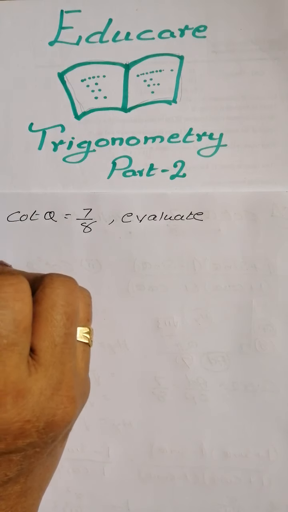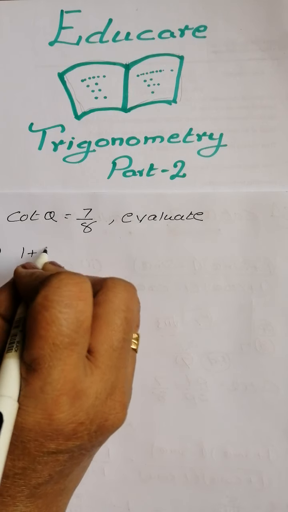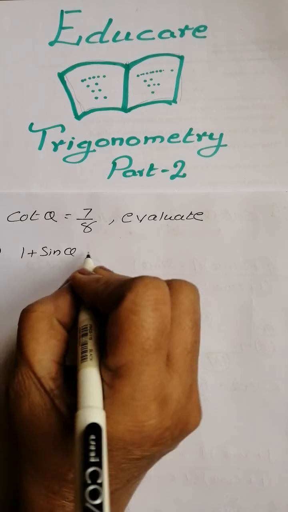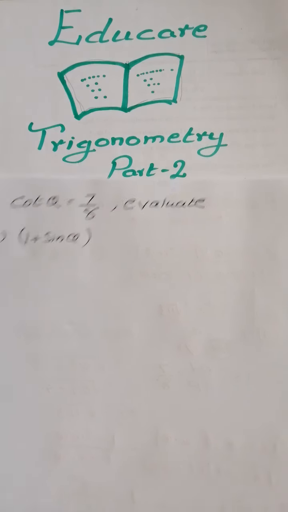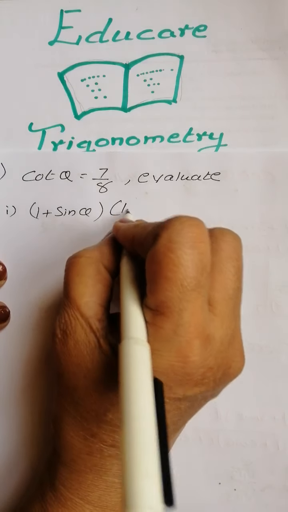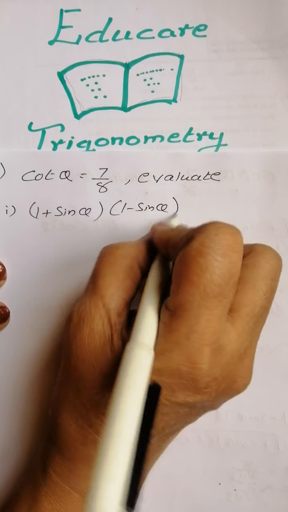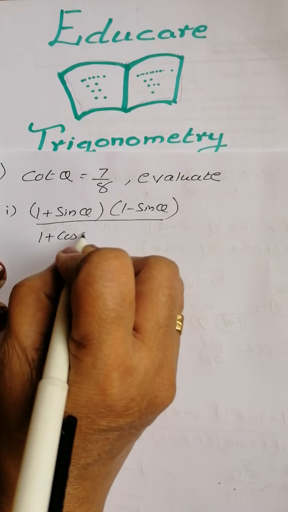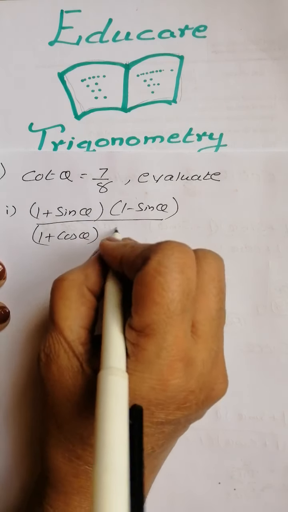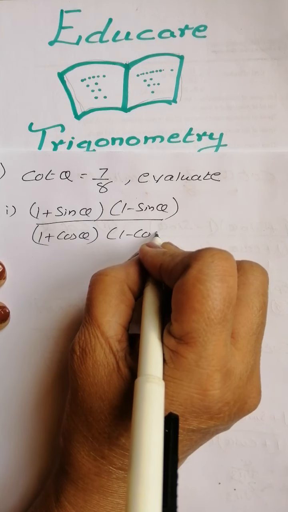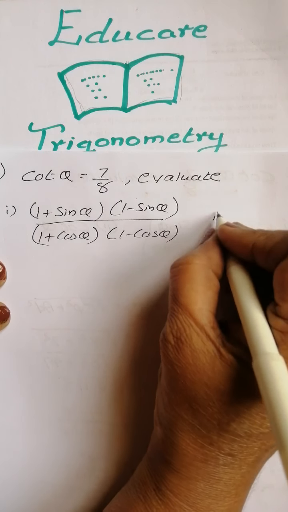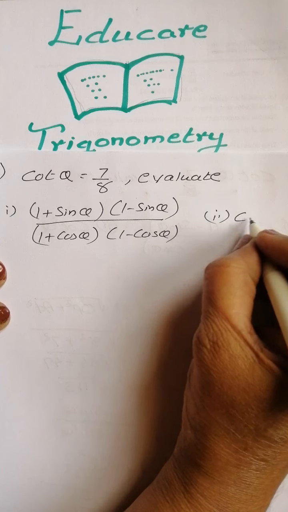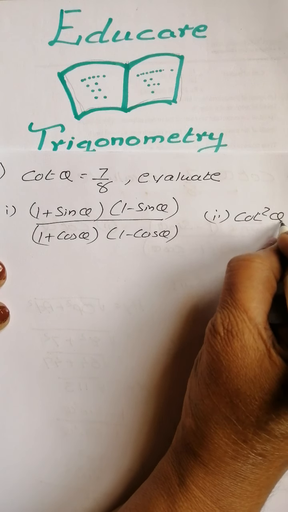Evaluate: first part is (1 plus sine theta) times (1 minus sine theta), the whole by (1 plus cos theta) times (1 minus cos theta). And in the second portion you have to solve what is cot square theta.